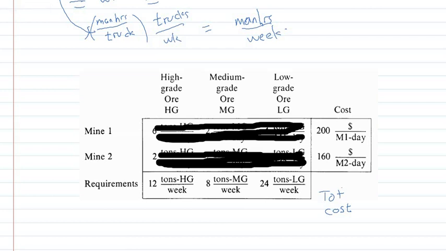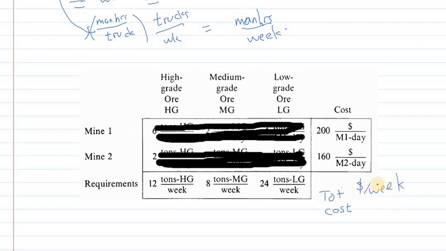Now, what about units of total cost? Well, total cost is going to be cost per week, because we're considering this system on a weekly basis. So this is going to be dollars per week. You're operating mine 1 and you're operating mine 2, and both mines incur some costs, and the total cost is going to be dollars per week.